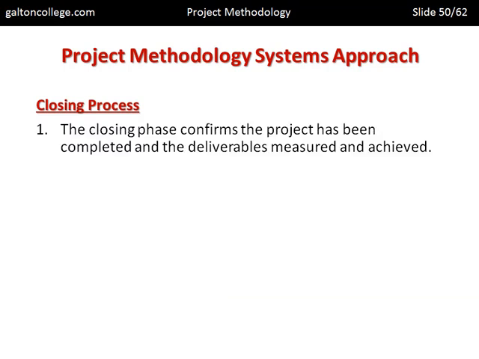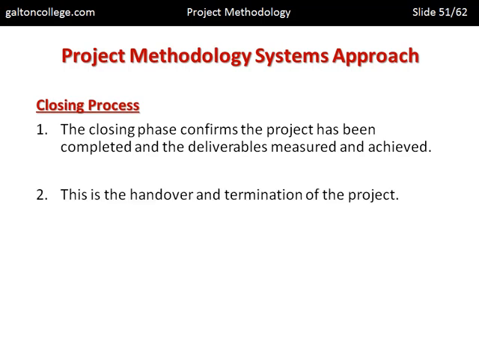The closing phase, well, technically this is the part where the management will in fact decide about the project, whether it should continue or not. This is when the deliverables are measured and when the plan is gauged as successful or not, when the plan has been achieved or not. This is the handover and termination of the project.